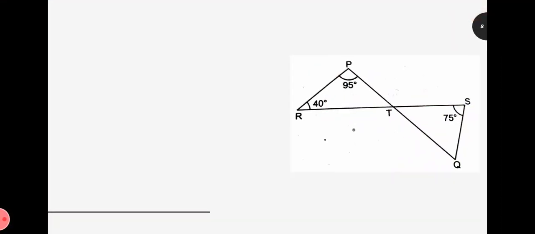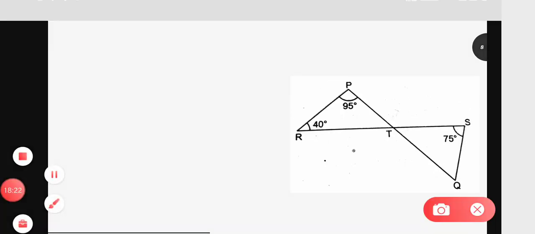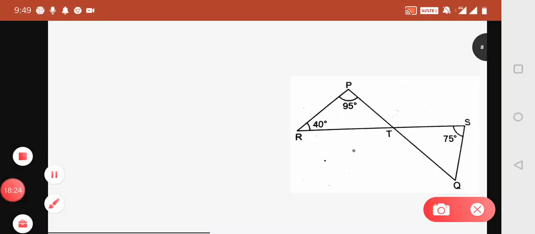Now, looking at the figure, we can see we get two triangles. This is the one triangle. You can take it as PRT as the first triangle. In PRT, two angle measurements are already given, so using the angle sum property, first we'll find the third angle.